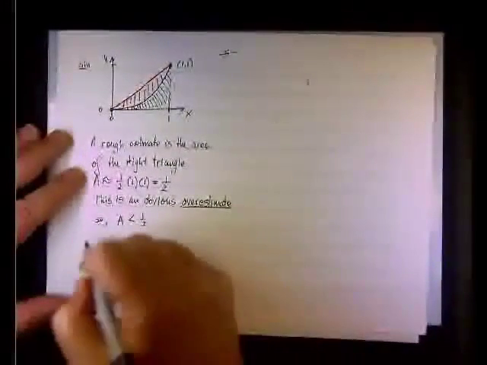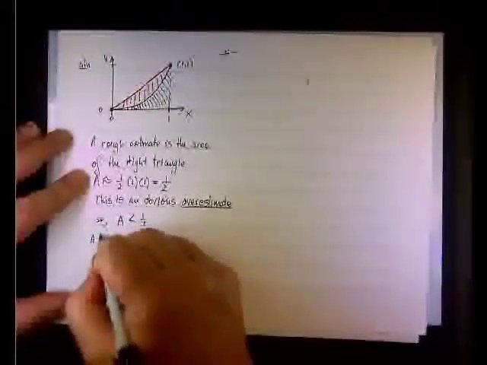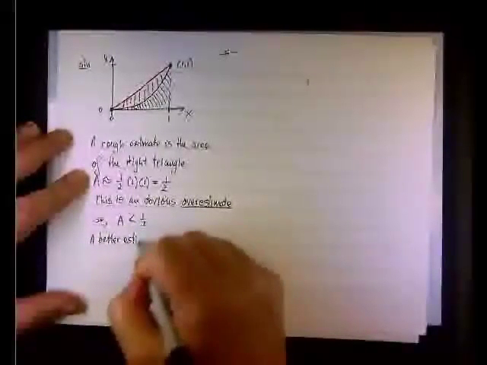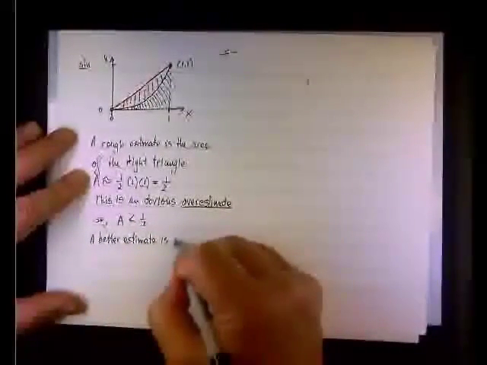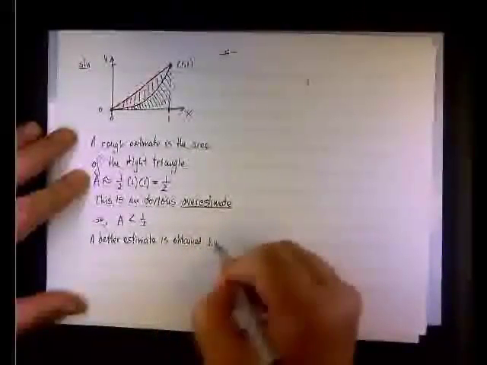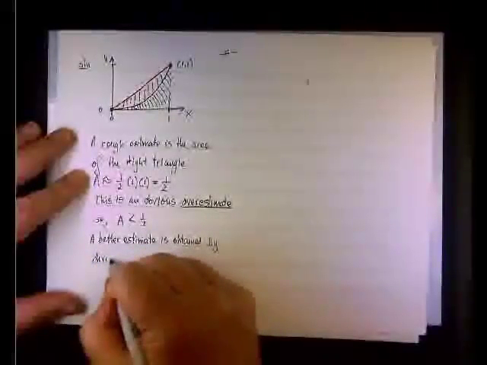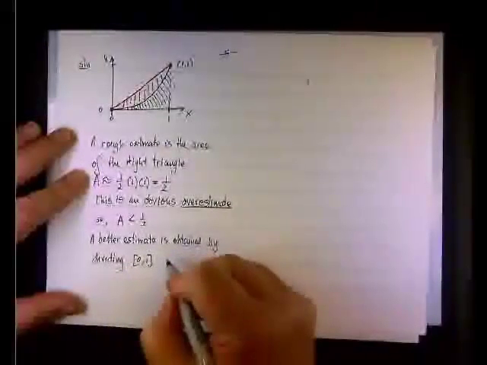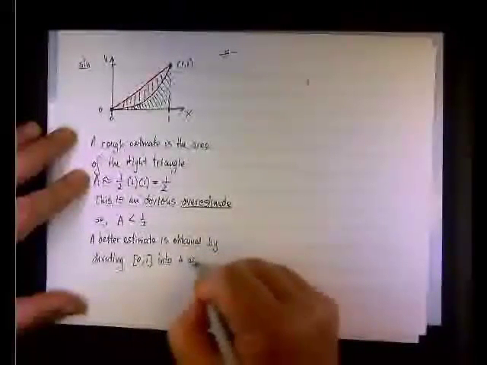So we can say that a better estimate is obtained by dividing the interval 0 to 1, let's say we'll choose into 4 equal intervals.